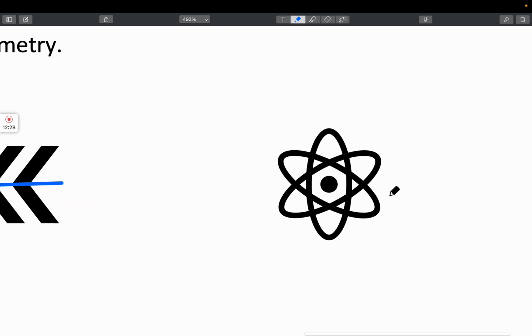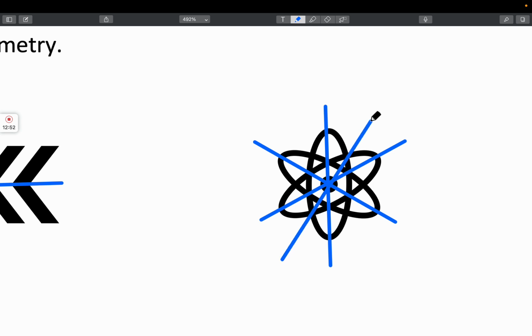All right, finally here, our little atom molecule symbol looks like it's going to have many lines of symmetry. I can draw one straight up and down. I can also draw a line of symmetry at an angle such as this, and likewise through there. Are there any other lines of symmetry? How about right through there?